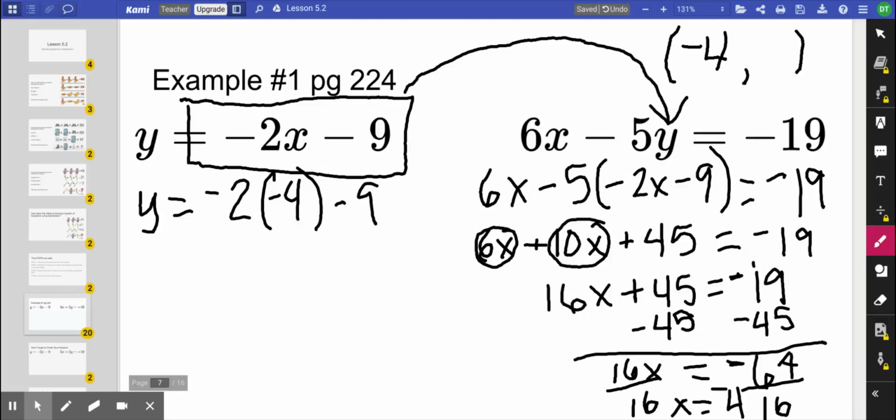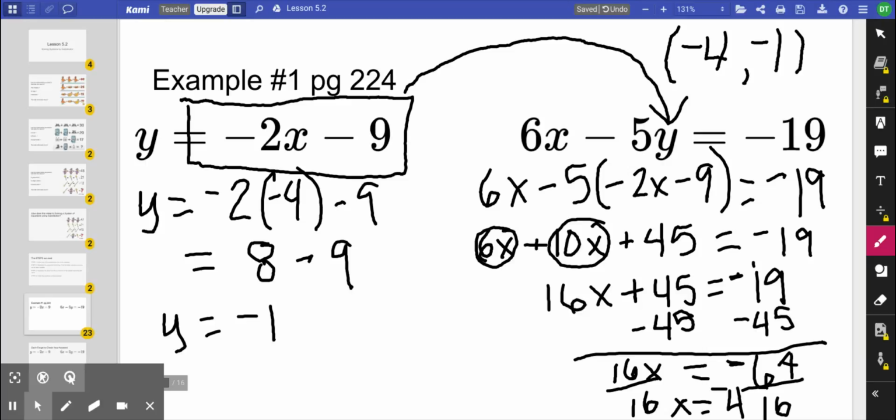Well, negative 2 times negative 4, a negative times a negative is going to give me a positive 8 minus a 9. So my y is going to equal 8 minus 9. So I'm going to be at negative 1.